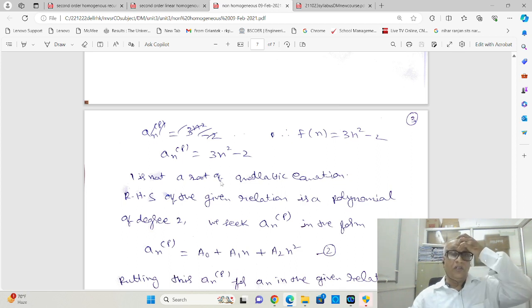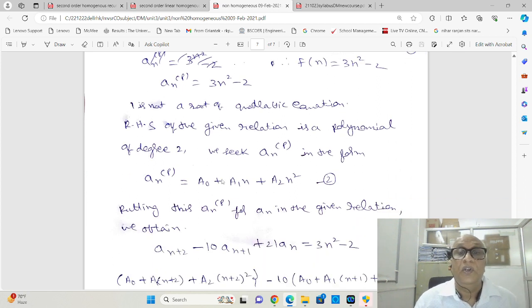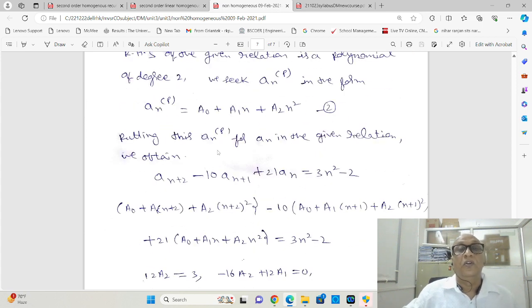Now 1 is not a root, so for degree 2 the RHS we get is a0 plus a1 n plus a2 n square. Putting this in the given relation, a n plus 2 minus 10 a n plus 1 plus 21 a n is equal to 3n square minus 2.